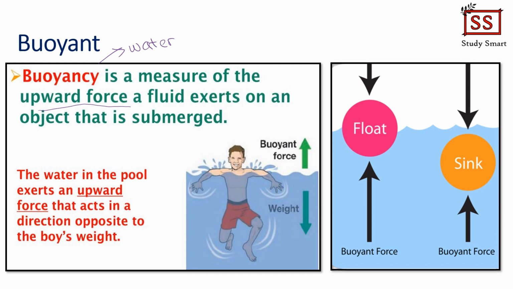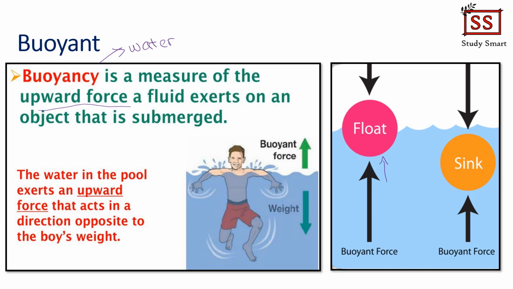Okay, so if you put an object, for example, there is a ball over here, a pink color ball and a yellow color ball. When we put the ball, if the buoyant force that is acting on the pink color ball is more than the weight of the ball, okay, so buoyant force is something that will make you stay on the water surface. You can think of buoyant force as something that is helping you, like your friend helping you to stay on the surface.